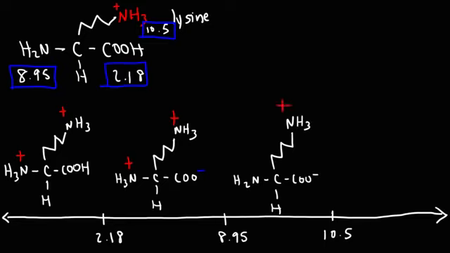And then finally, at a pH beyond 10.5, the last nitrogen at the top will lose its proton. So now we can determine the net charge of the amino acids.